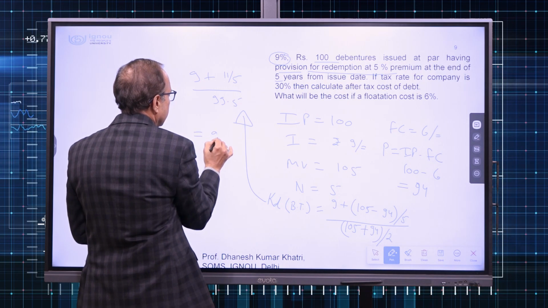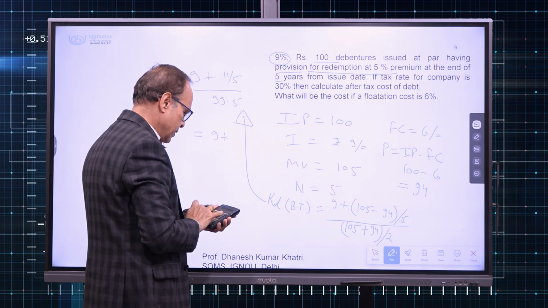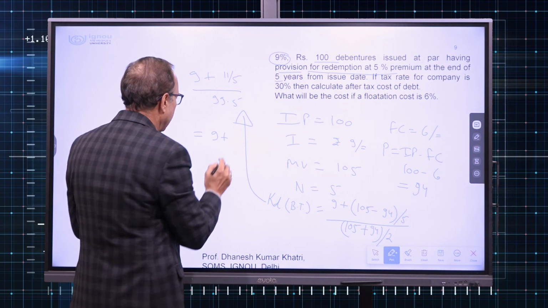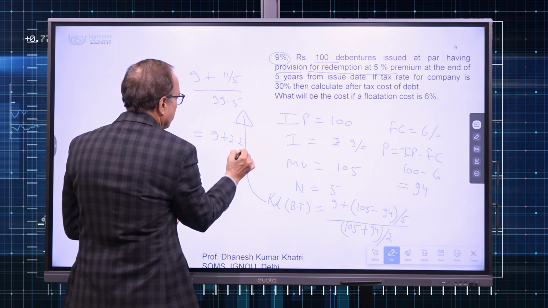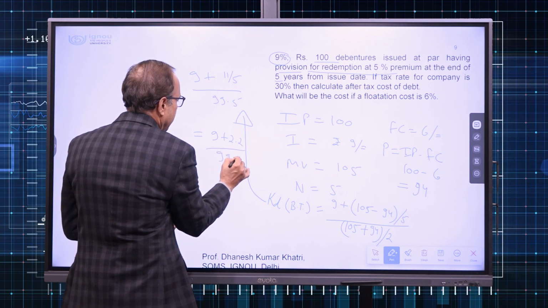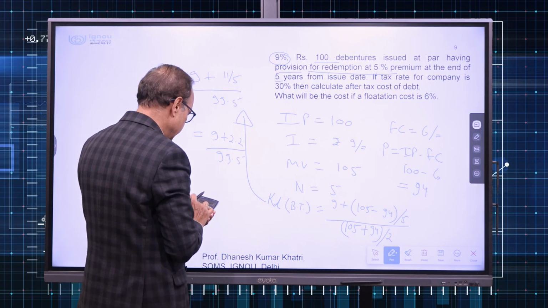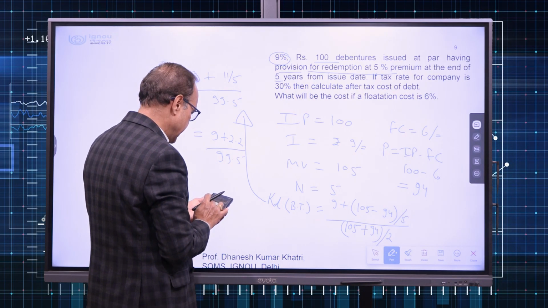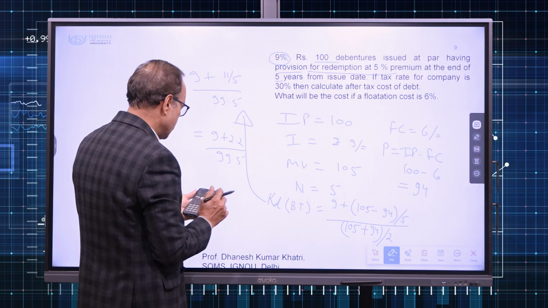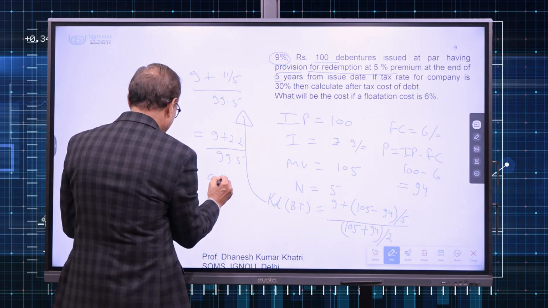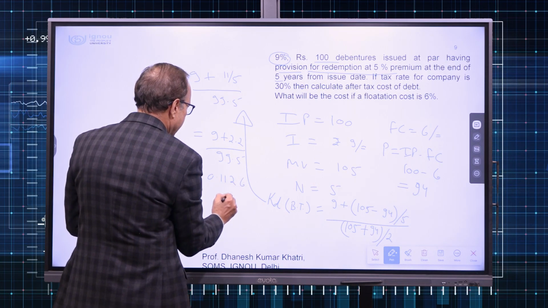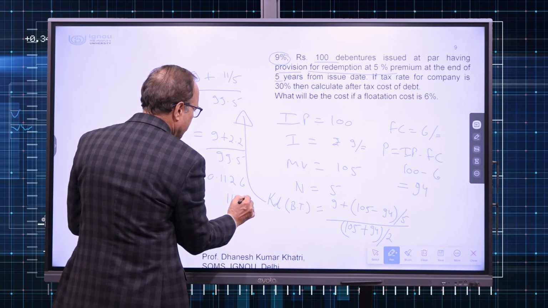So 9 plus 11 divided by 5, we get 2.2, divided by 99.5. So ultimately we get 11.2 divided by 99.5, which is 0.1126. That makes it 11.26%.